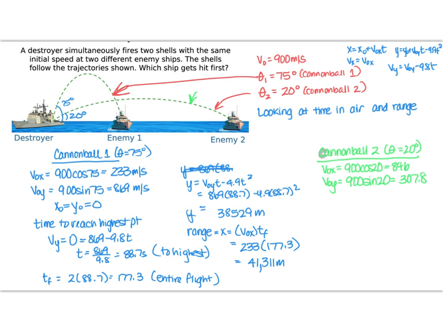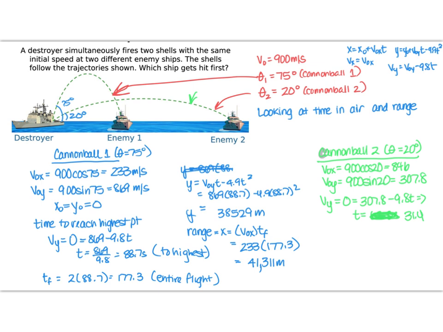So once again, we're going to find the time to get to the highest point, which would be 307.8 minus 9.8 t. Look at the time when that is 0, so t to the highest point ends up to be 62.8 seconds. So you can see that's like a good 20 seconds less. Oh, sorry, I wrote down the wrong number. It's 31.4. Not only is it less, it's a lot less. It's less than half as big.